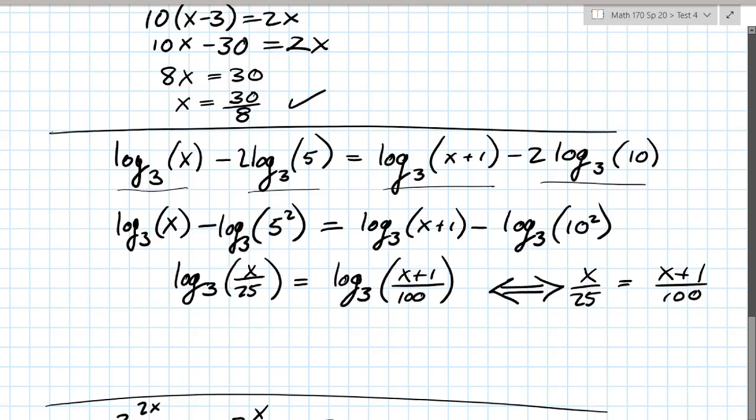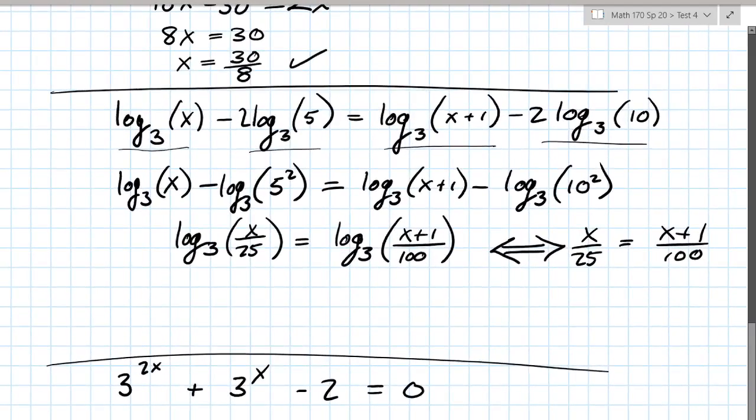Let's multiply both sides by the common denominator, which is 100. That will clear the fractions. If I multiply the left-hand side by 100, then 100 divided by 25 is 4. So we have 4x. If I multiply the right-hand side by 100, we just get x plus 1.